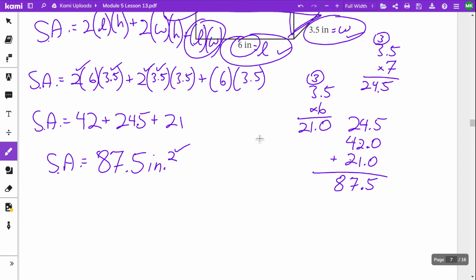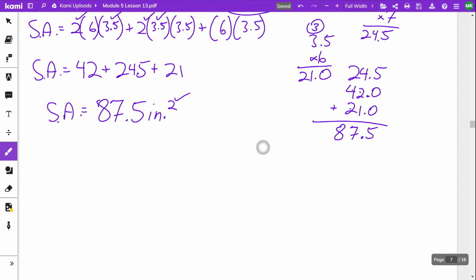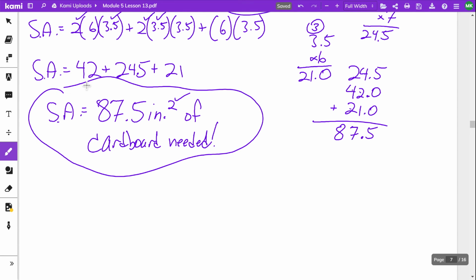Surface area. And there you go. So that's how much cardboard is needed. So 87.5 squared inches of cardboard needed. And there is my answer.